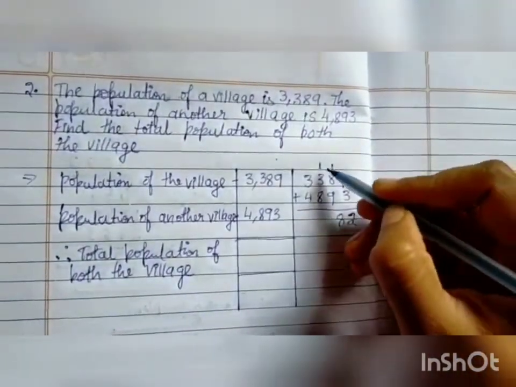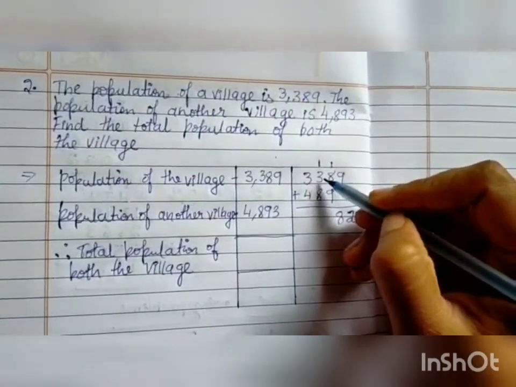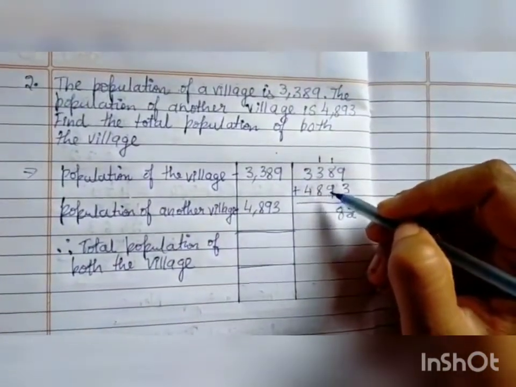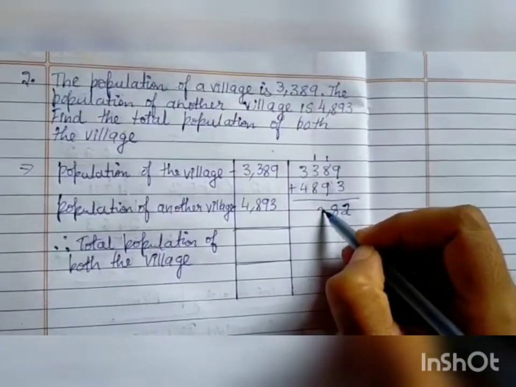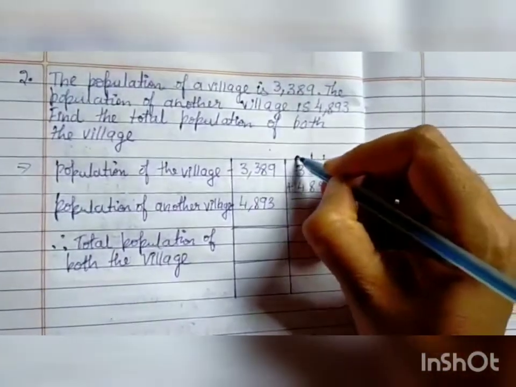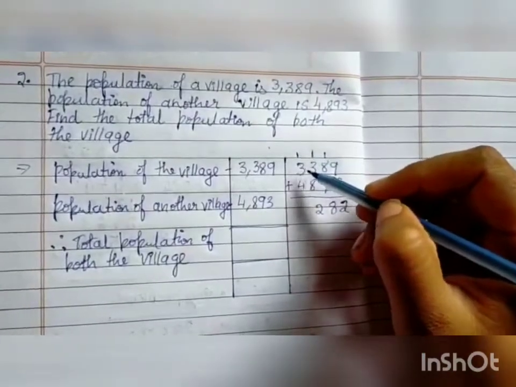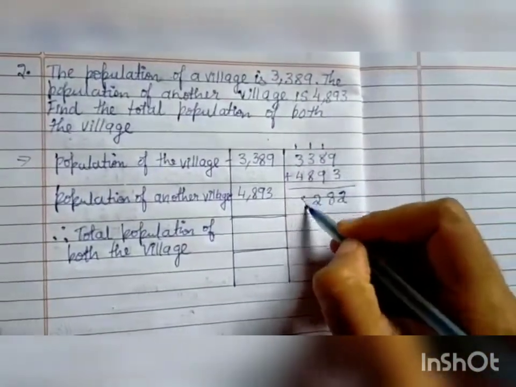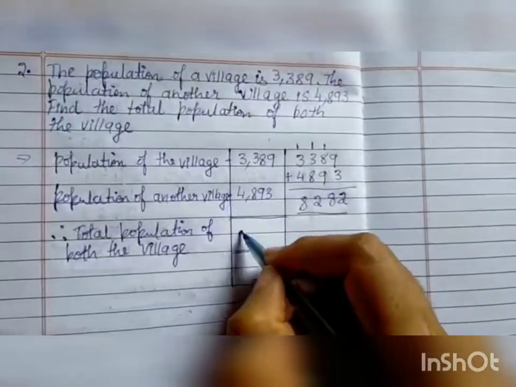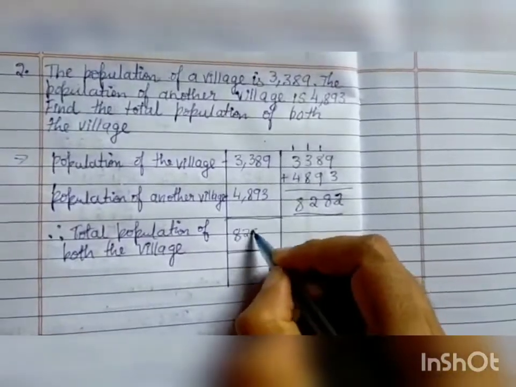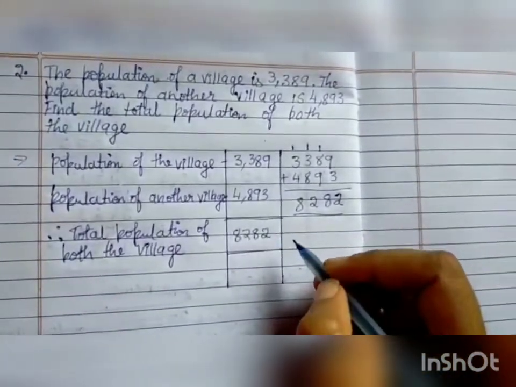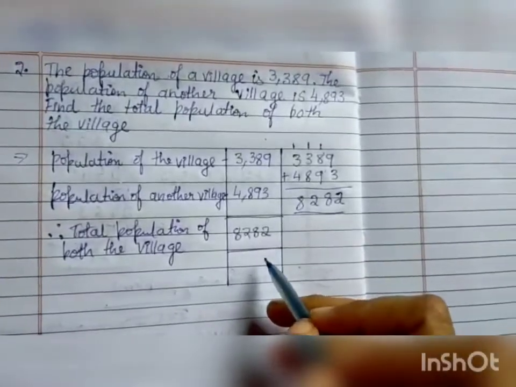Now 1 plus 3 is 4. 4 plus 8 is 12. So 2 I'm writing here and 1 will be carried to the 1000 place. Now 1 plus 3 is 4. 4 plus 4 is 8. So we got the answer 8,282 as the total population of both the villages.